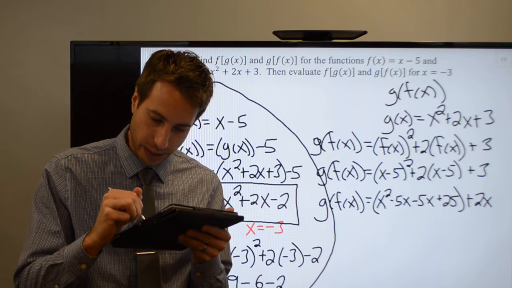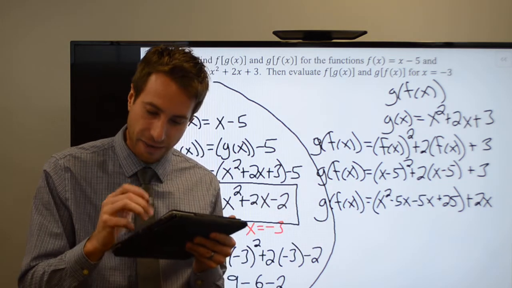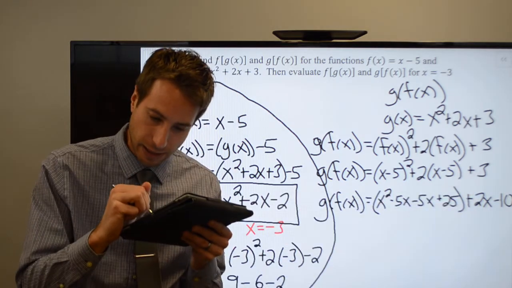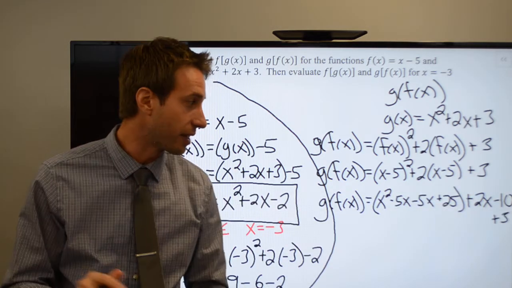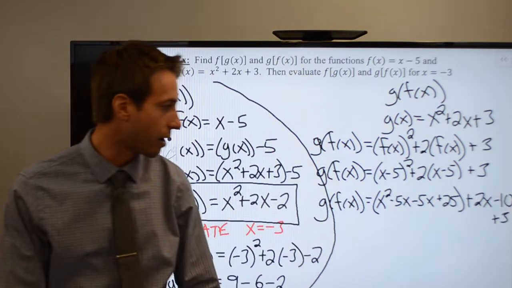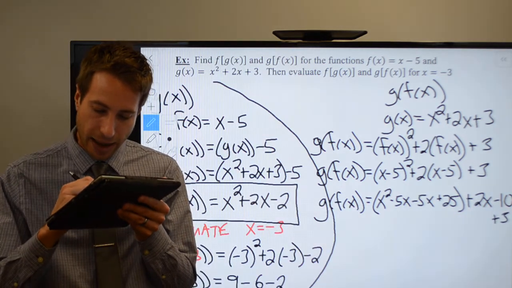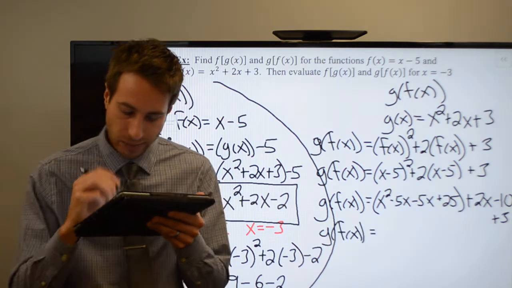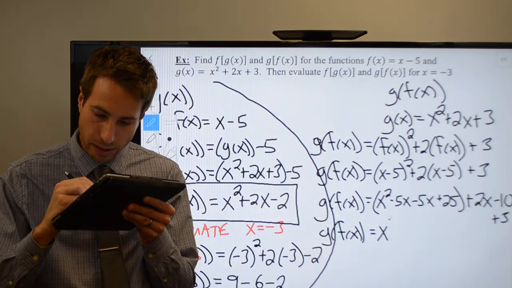Sorry guys, I'm squeezing here. 2 times a negative 5 is going to be a minus 10. And then I still have that, sorry, plus 3 on the end. Really, really sorry about having to squeeze that in there. Got that plus 3 there on the end. Combine like terms, it'll shrink down. It'll fit this time. x squared.